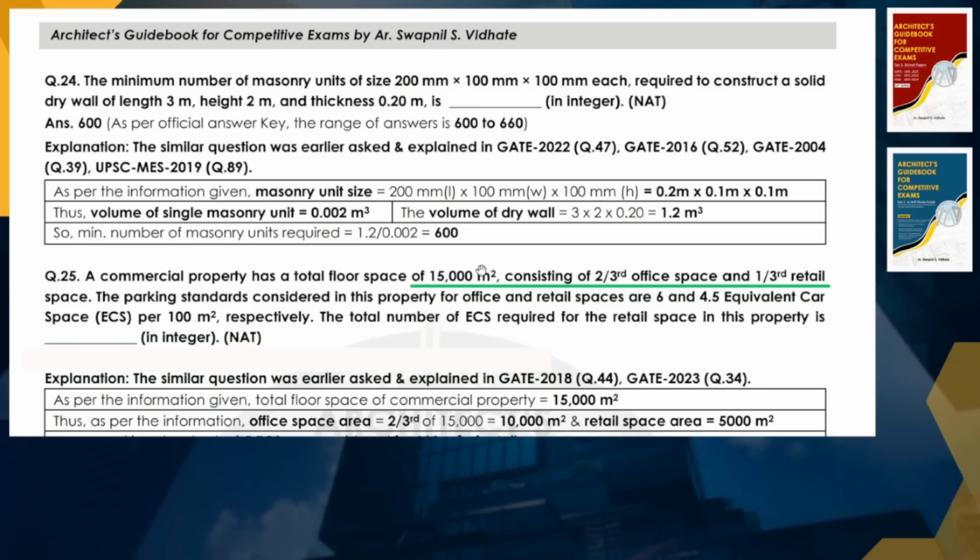As per the information given, the total floor space of the commercial property is 15,000 meter square, right? They have said that it consists of two-third office space. So two-third of 15,000 meter square will be 10,000 meter square, and the remaining one-third, that means the retail space, will be 5,000 meter square.